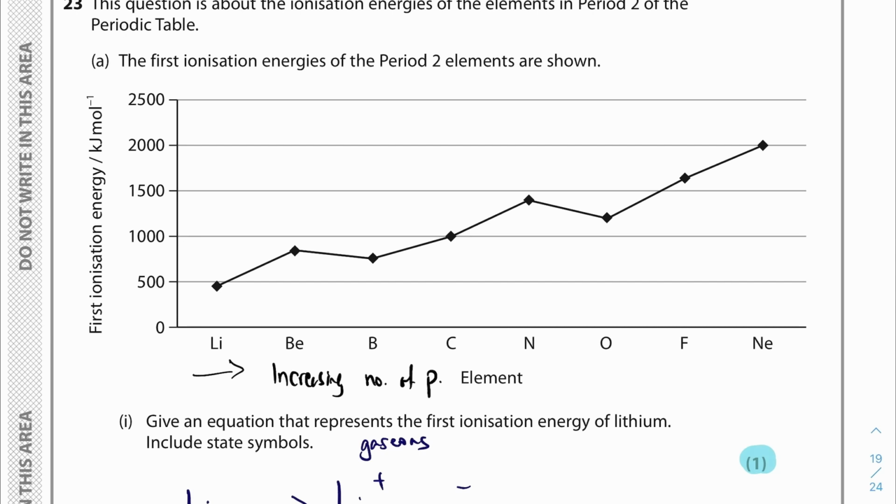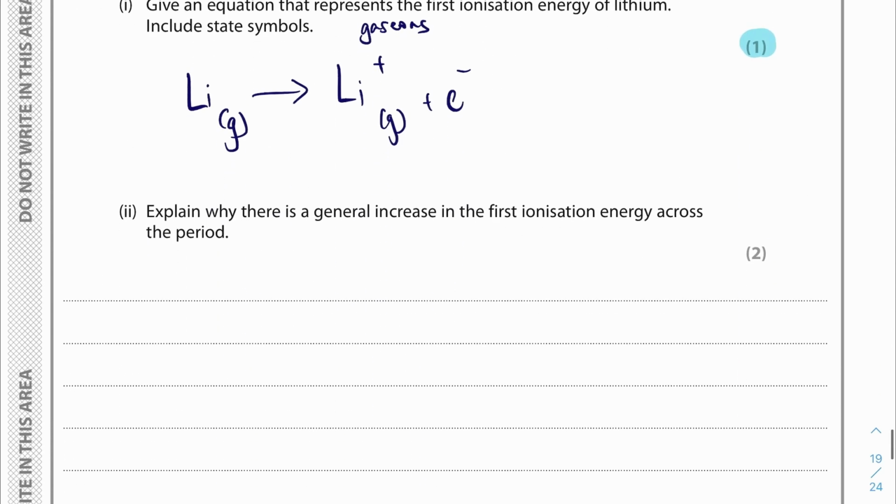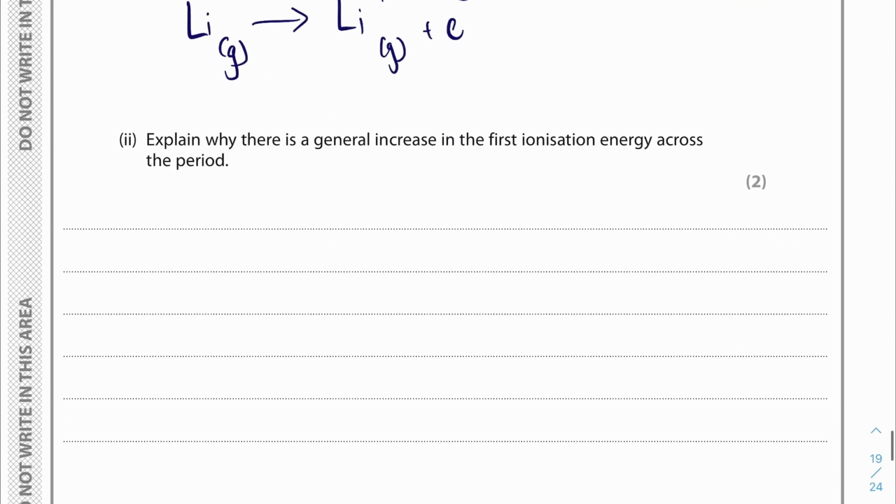It's increasing, and we're getting a smaller atomic radius. So what can we say? We can say across the period, the number of protons is increasing. That we know is correct.